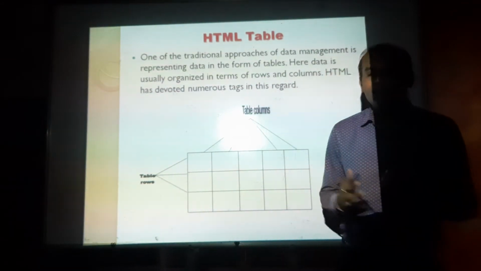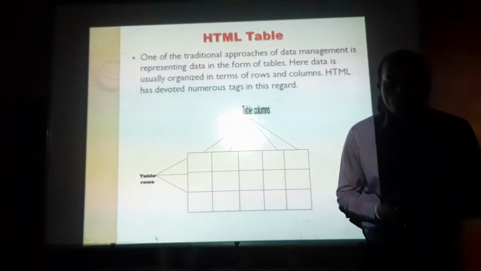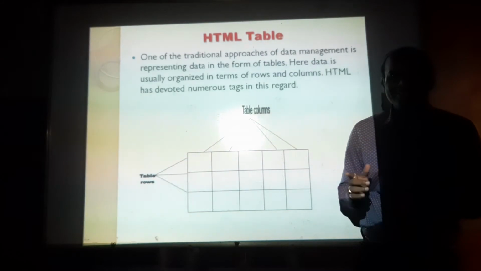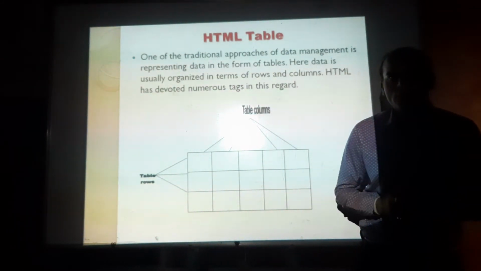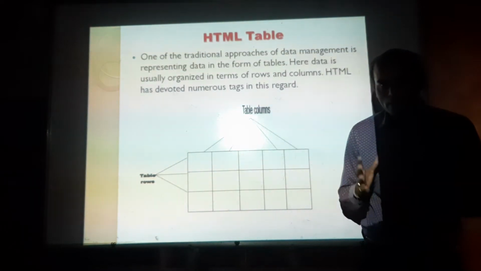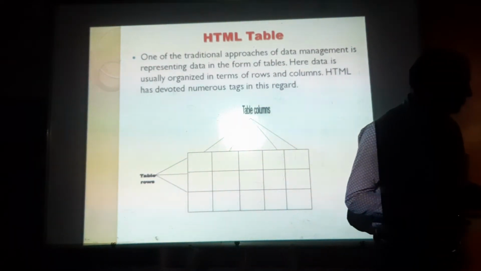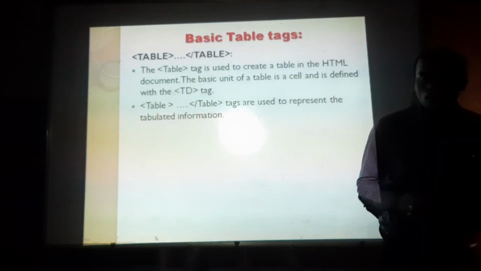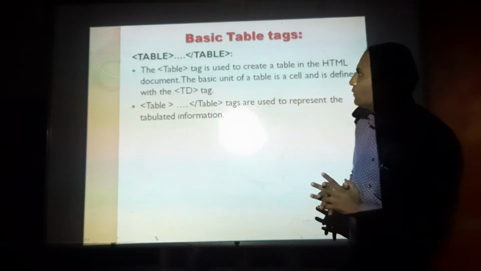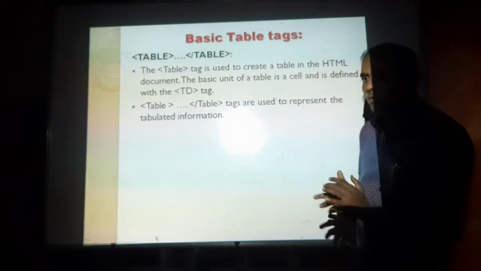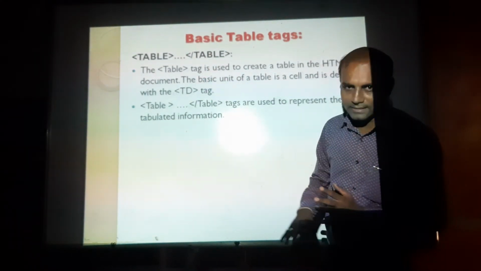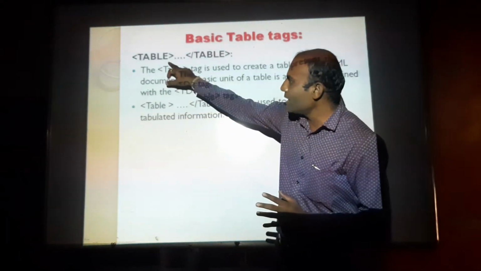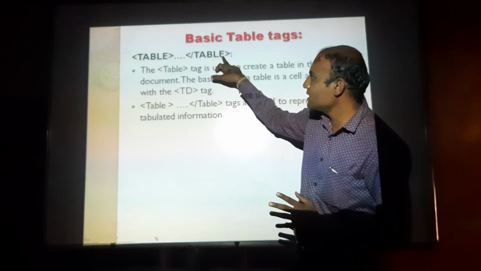So, to create a table in the HTML language, we use the table tag to create the table in the HTML document. Now here we have the basic table tags. The most basic table tag is the table tag itself: the opening table tag and the closing table tag.